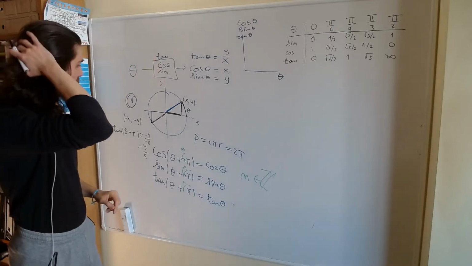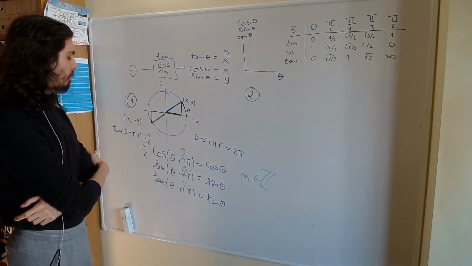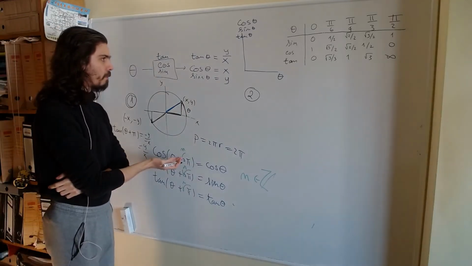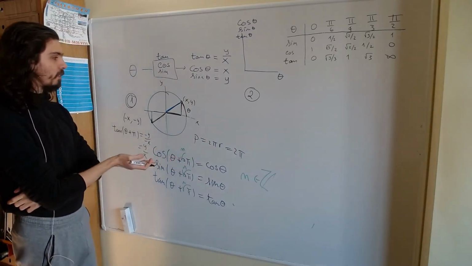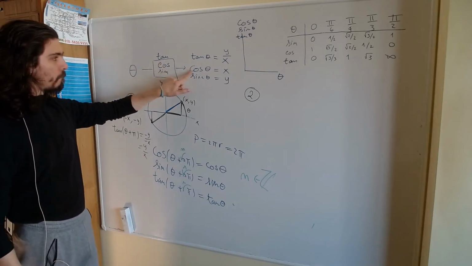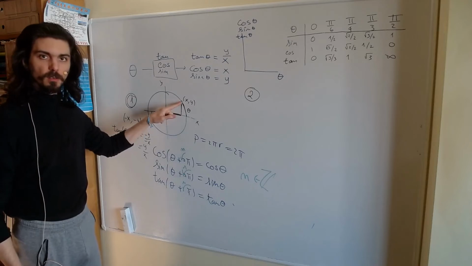Okay? Now let's move on. The second property. What's the second property? The second property is that these functions have maximums and minimums. What are the maximums and minimums of the function? Okay, cosine, remember, picks the x-coordinate of the points on the unit circle.